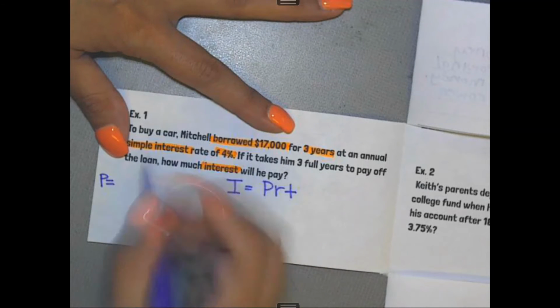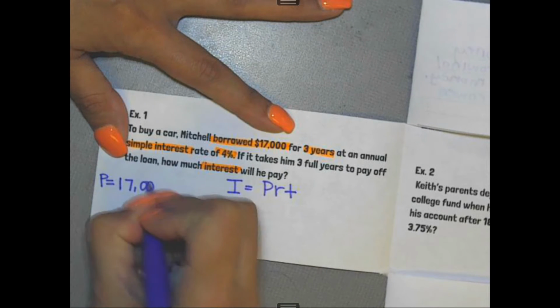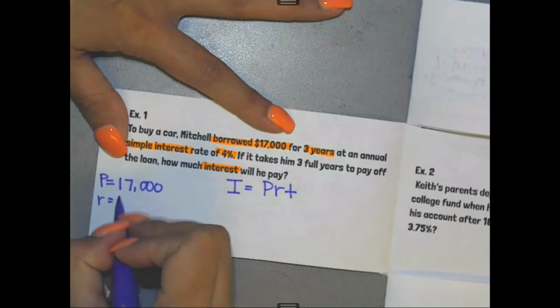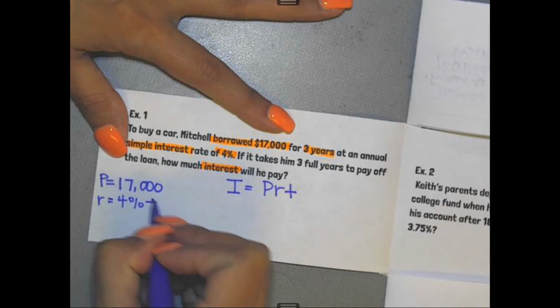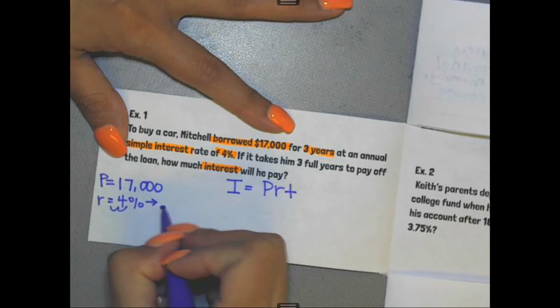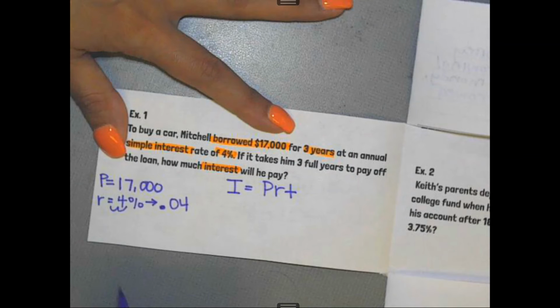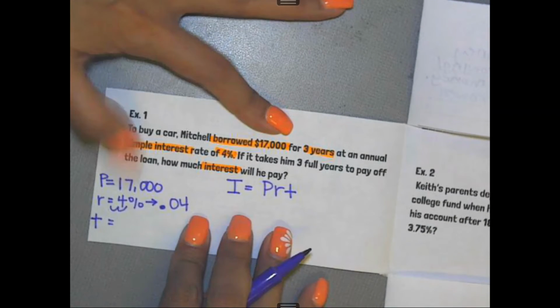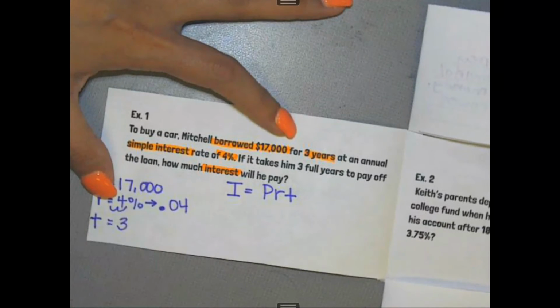So he borrowed $17,000. R is rate, which is 4%. But we need to make sure to turn that into a decimal, so we move it over twice, so 0.04. And T is time, which we said needs to be in years, and it does say 3 years.